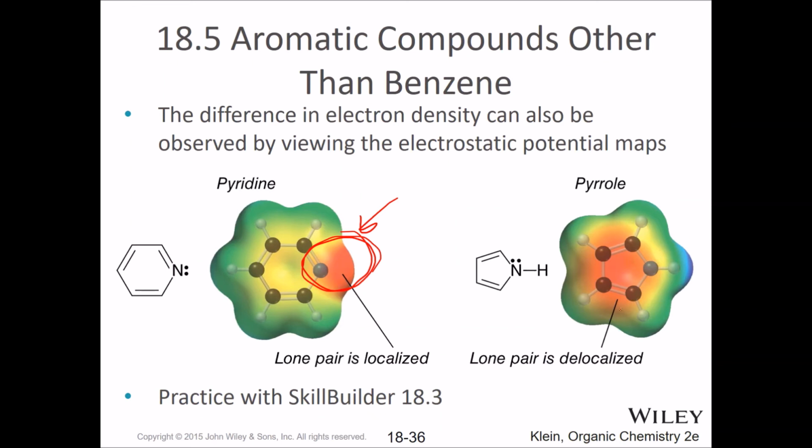It's spread all over. So we don't have a big hot spot right here. That means those electrons are spread around. Around and around and around. Pi electrons. Aromatic. Love it. Love it with me, please. Now go practice with Skill Builder 18.3.